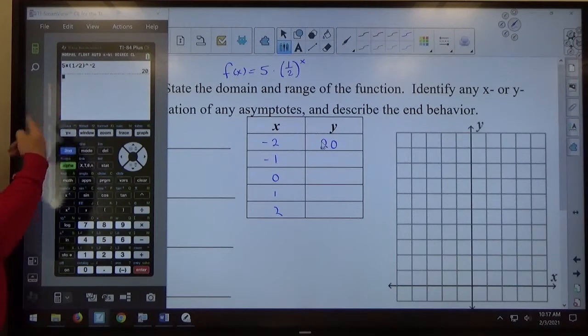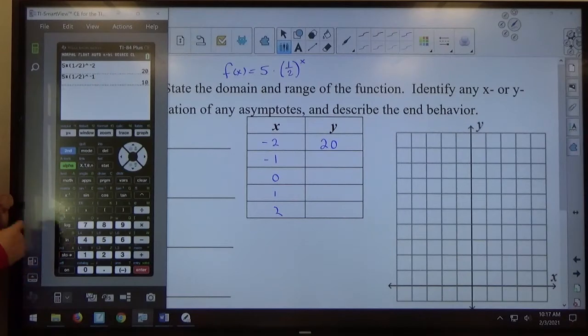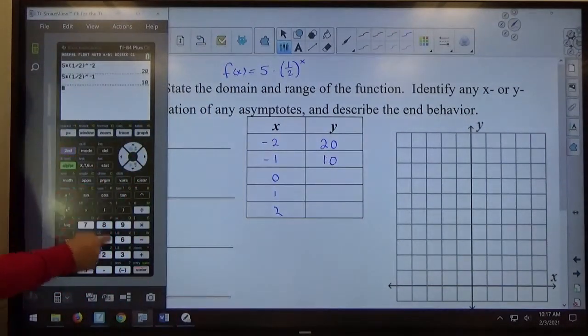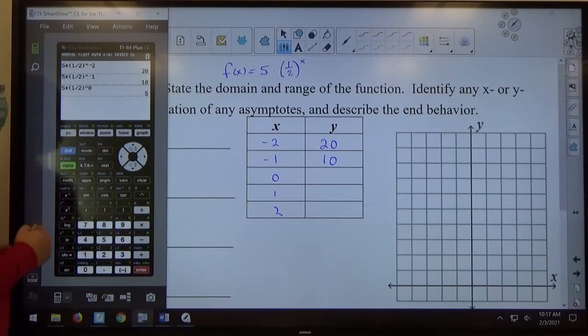Now this calculator, most calculators, if you press up, it brings up the last thing you typed in, right? This calculator happens to need the second enter to make that happen, and you just change the -2 to -1, over type it. So this is 10. Change that to a 0. That's 5.